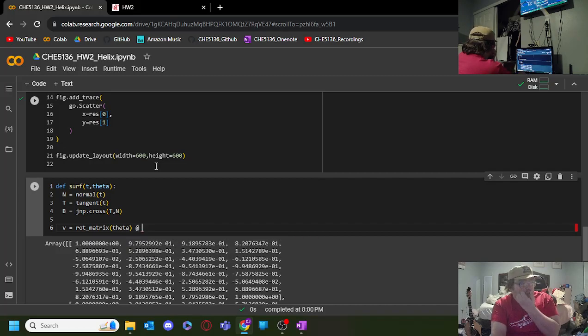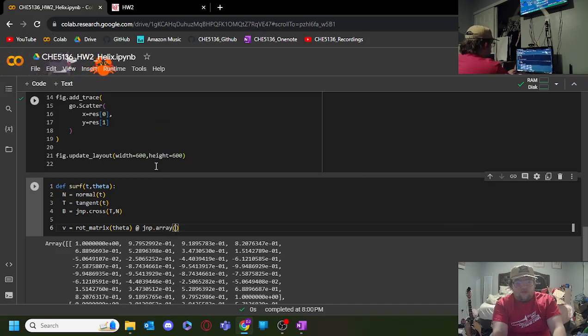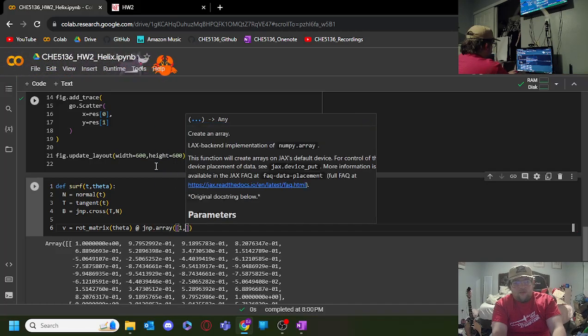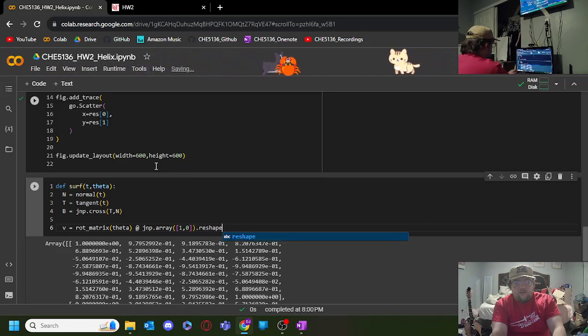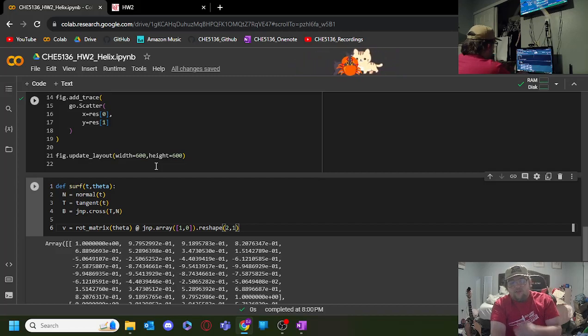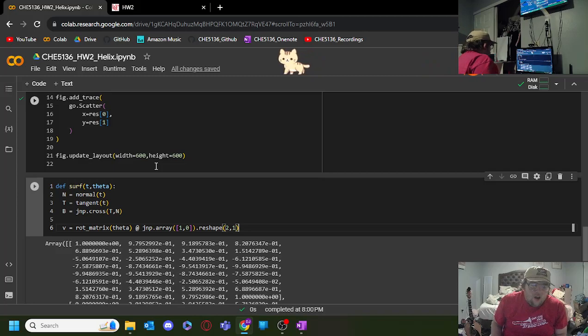I'm going to do some matrix multiplication here to get it into the shape we want.